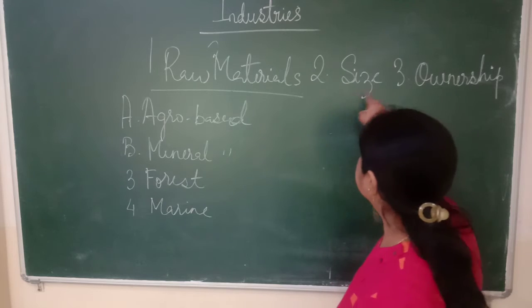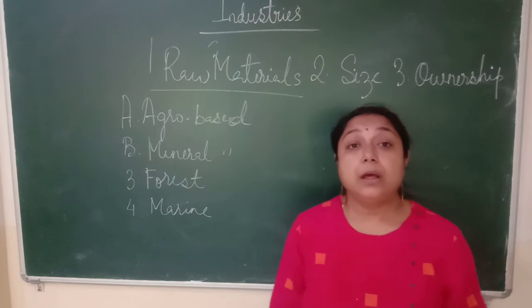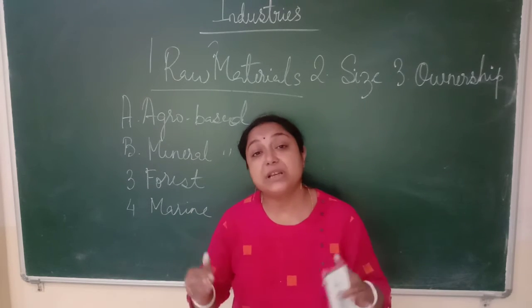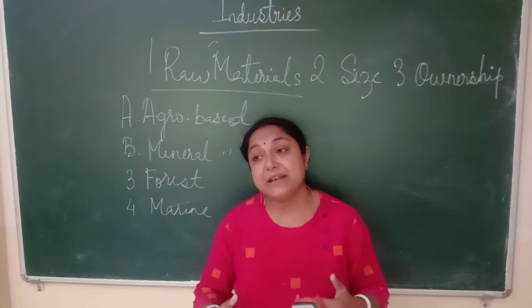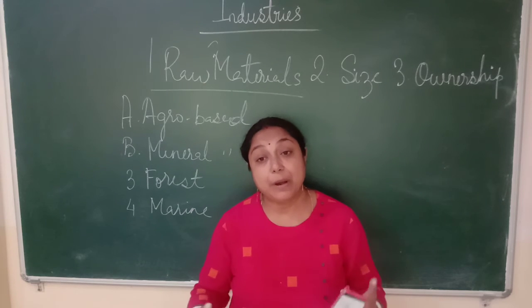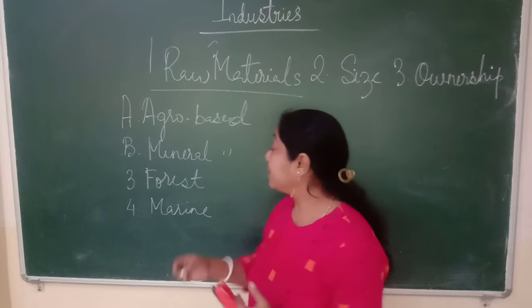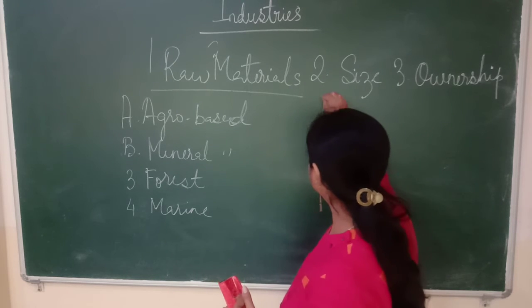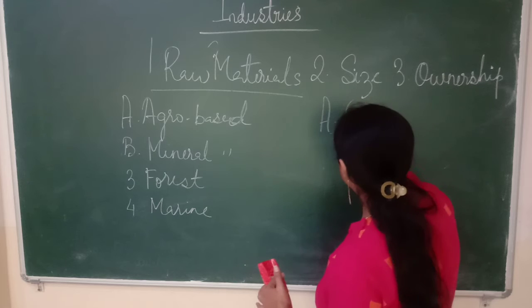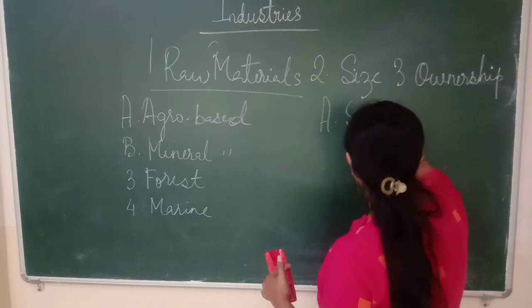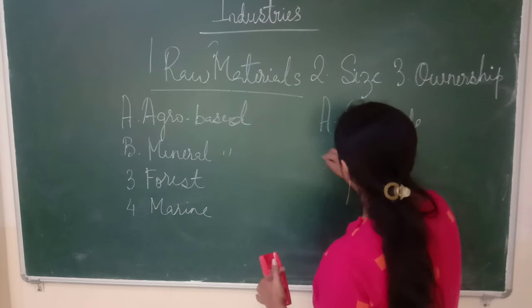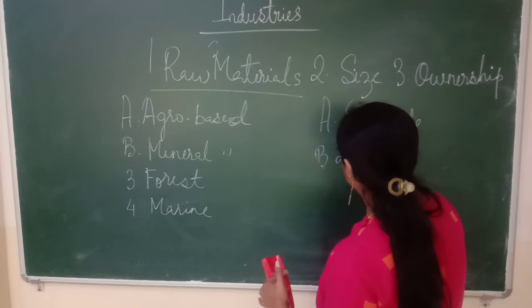Now second, size. Here, how big or how small is your industry? It is again based on capital, labor, amount of labor you are using, mechanization, etc. Under this, it is classified into A, small scale, and B, large scale.